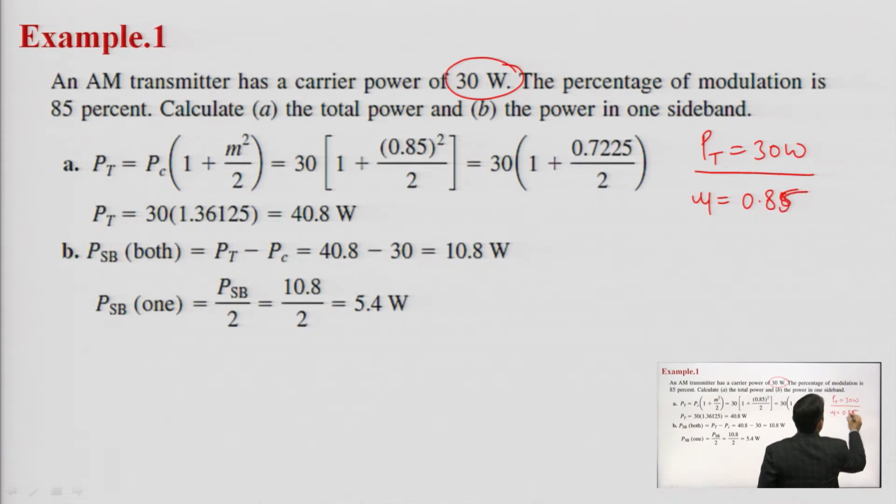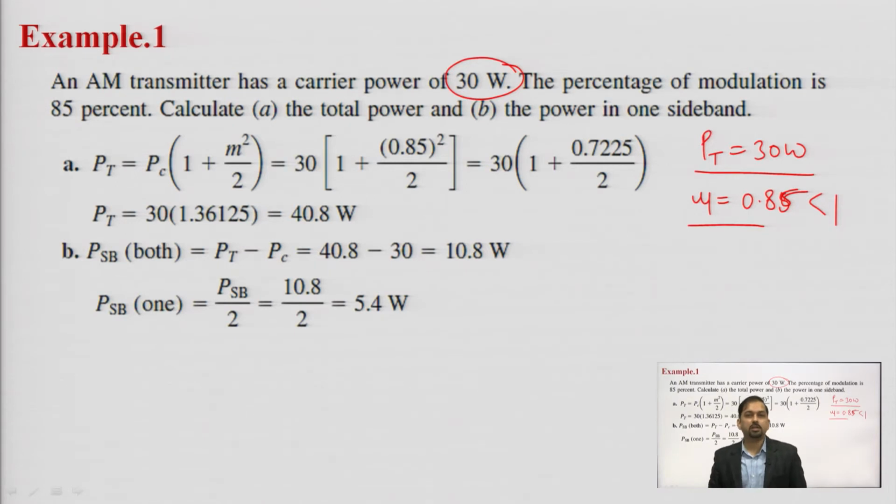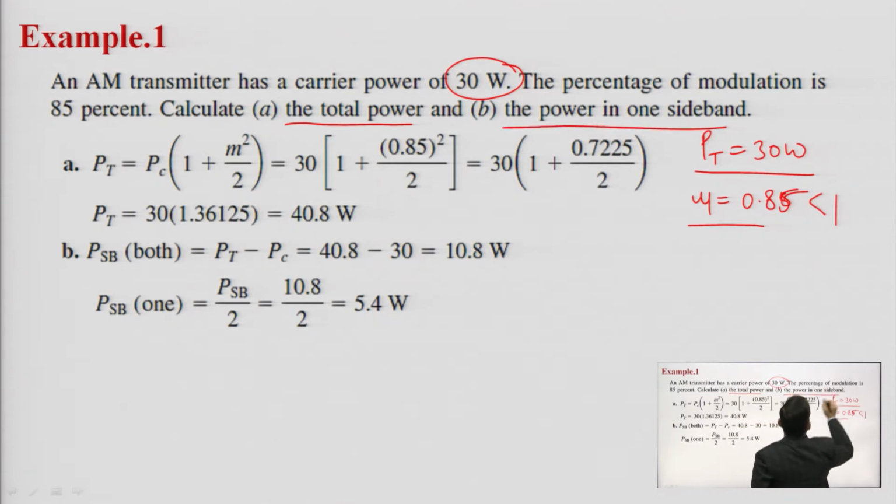Again this mu is less than 1, which is called under modulation. When mu equals 1 it is critical modulation, and when mu is greater than 1 it is over modulation, which is avoided. The question says calculate the total power and the power in one sideband.